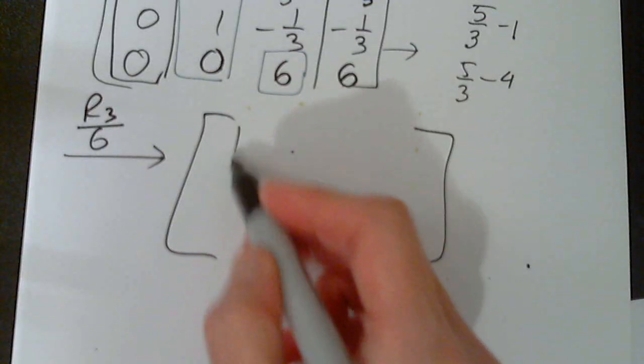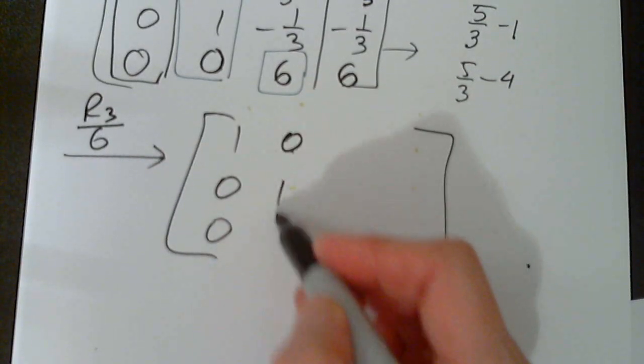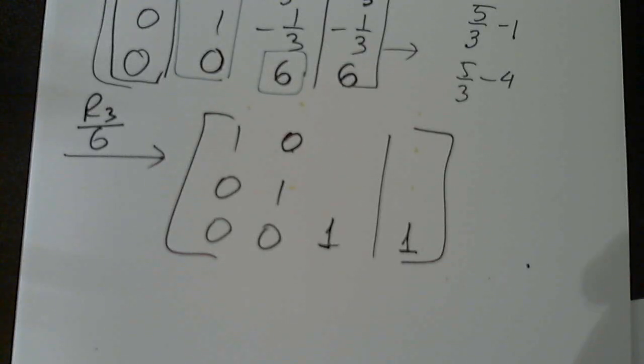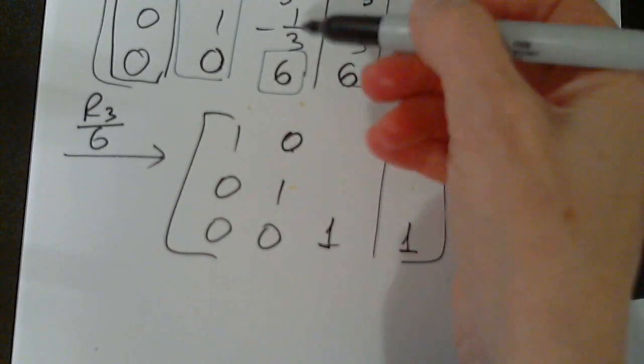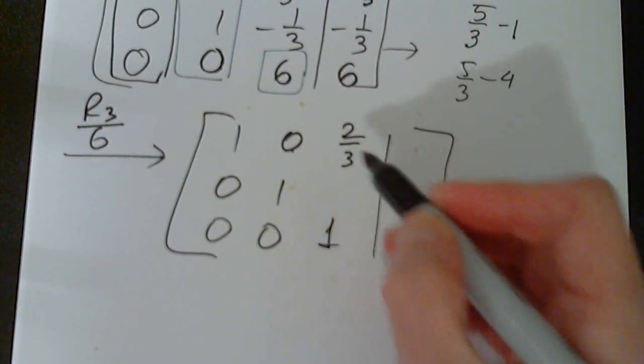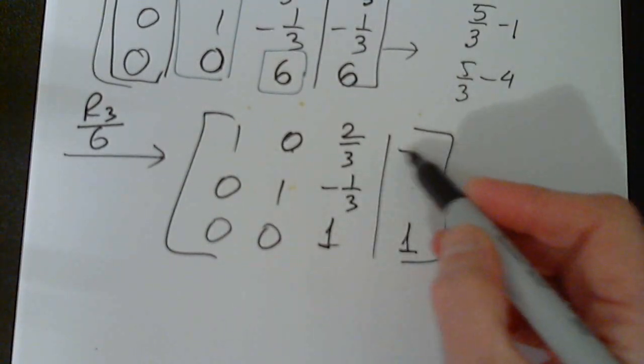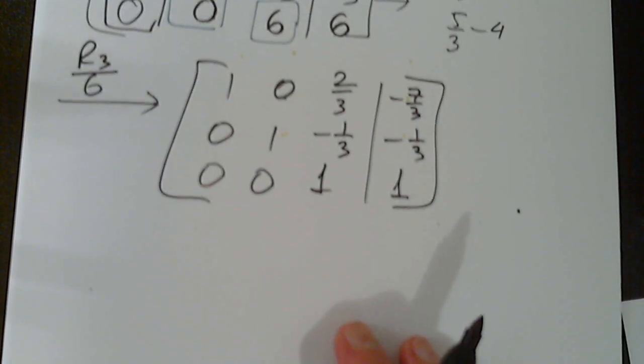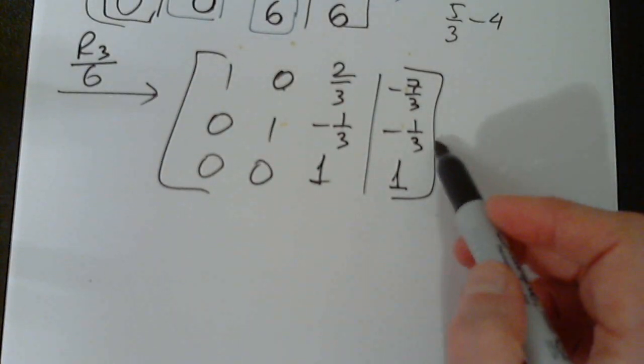You can copy the first columns. You cannot touch them anymore. When I divide both here by 6, now I have to copy the rest. 2/3, negative 1/3, negative 7/3, and negative 1/3. Final step.